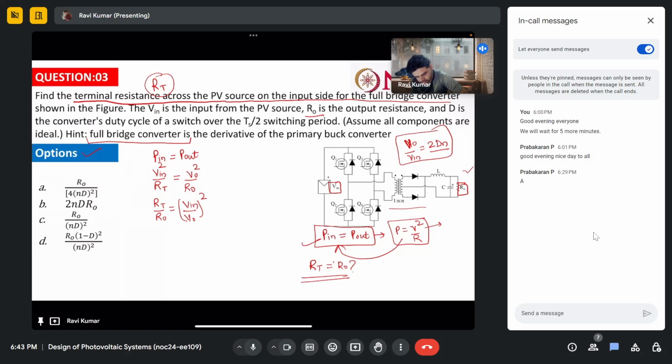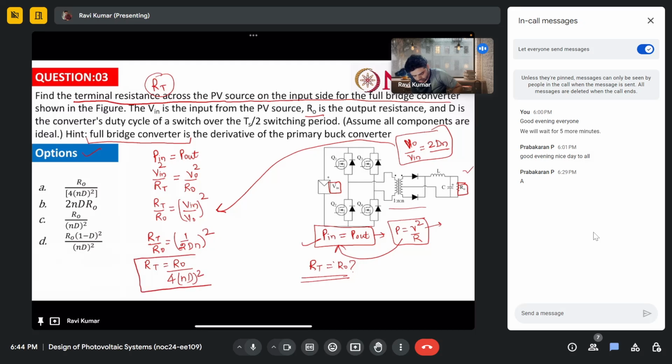I already gave this, 2Dn. Yes, use this here. RT divided by R naught will be 1 upon 2Dn whole square, and RT will be R naught divided by 4 n D square.